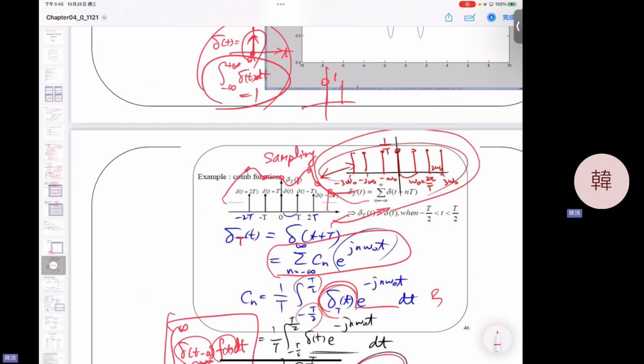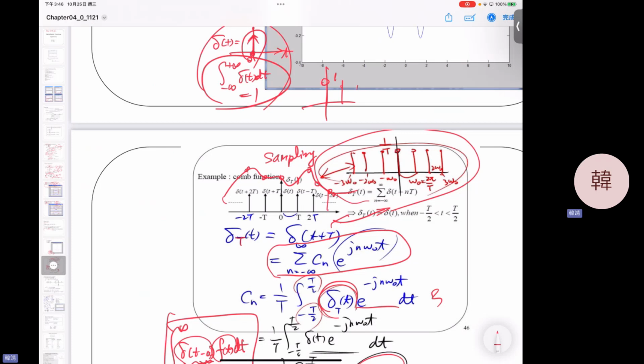Become sparse, become far away, very sparse. So now you understand. When I'm sampling your signal, the comb function will occur in different ways, and the amplitude is always 1 divided by T. So later on we will see.